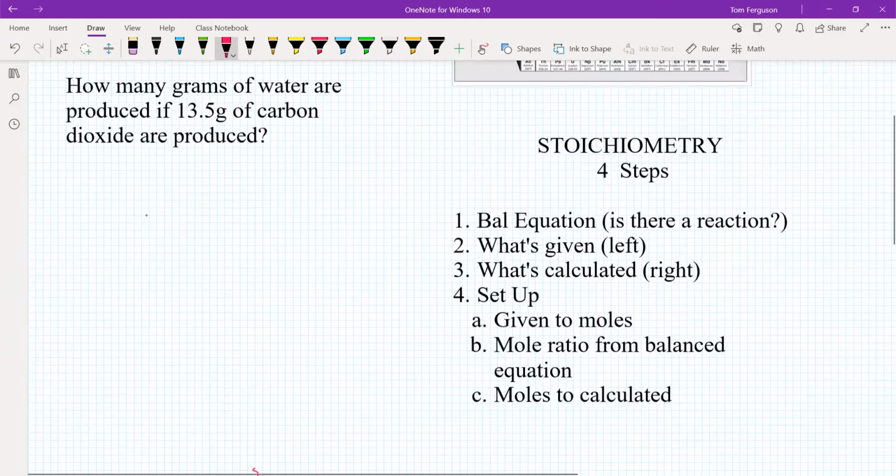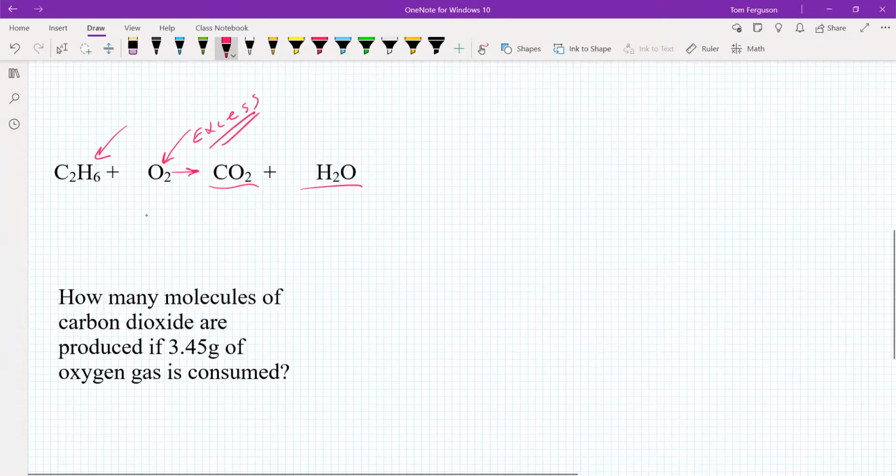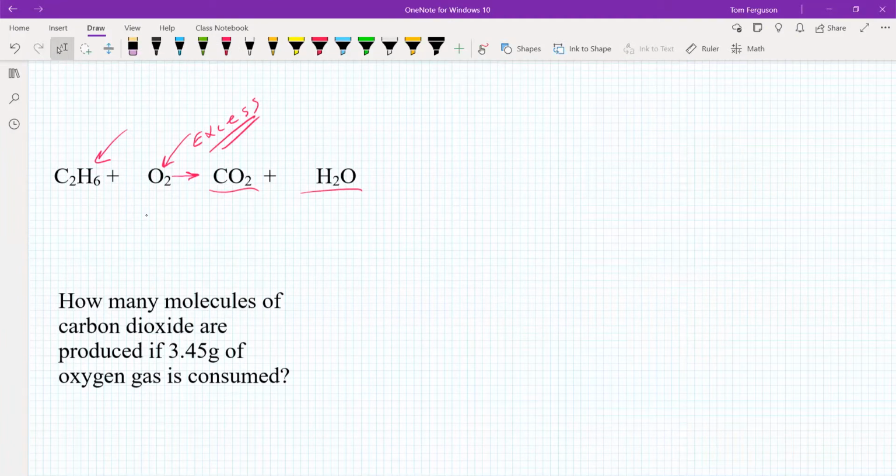And the first step is balancing the equation if there is a reaction, and there is a reaction. So let's balance it. We balanced it before, and let's just balance it again here. So we have C, H, and O's. We've got 2 carbons, 2 carbons, 6 hydrogens, 6 hydrogens, 2 oxygens.